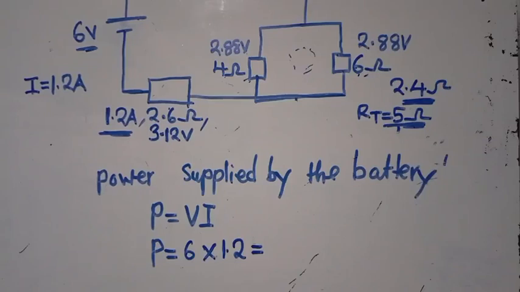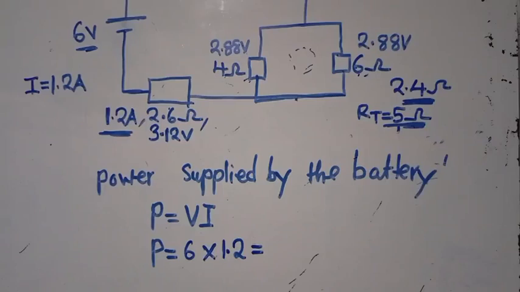When you multiply here, you can't get 5. 6 times 1.2 cannot be a 5, because 6 multiplied by 1.2, the number cannot reduce. So when we multiply 6 times 1.2, what is the answer?